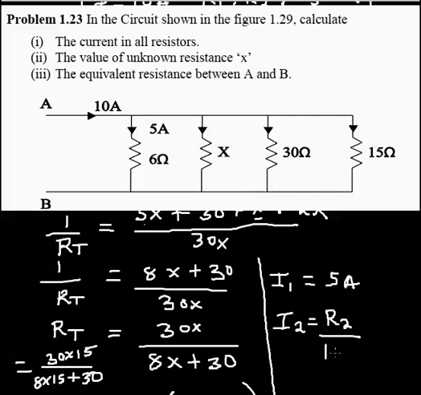That simply means the total resistance has to come up top. It's always the total resistance divided by the resistance you want to get the current for, that's R2, then times the circuit current.